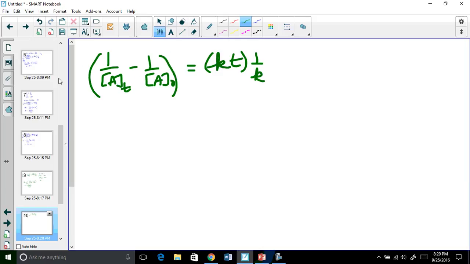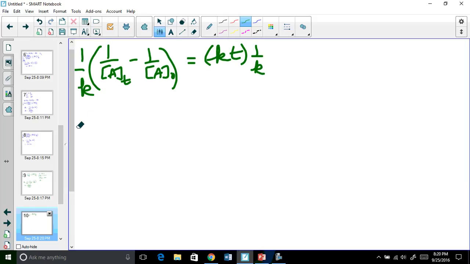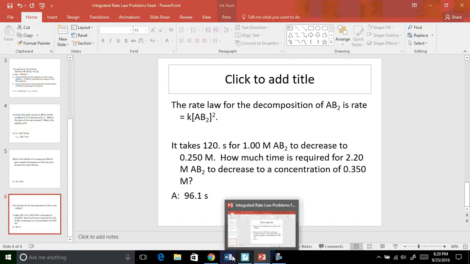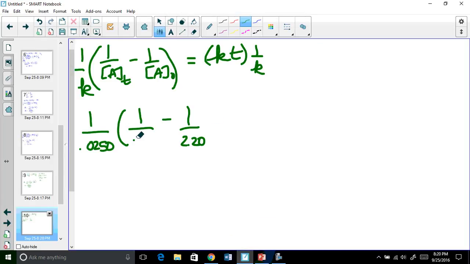And again, these parentheses are important because now we're going to go 1 over 0.0250. We just solved for that, times 1 over. And now remember, the biggest concentration is always the initial concentration. So 2.20 is bigger than 0.350. And so this is what gets popped in, and this is what time is.